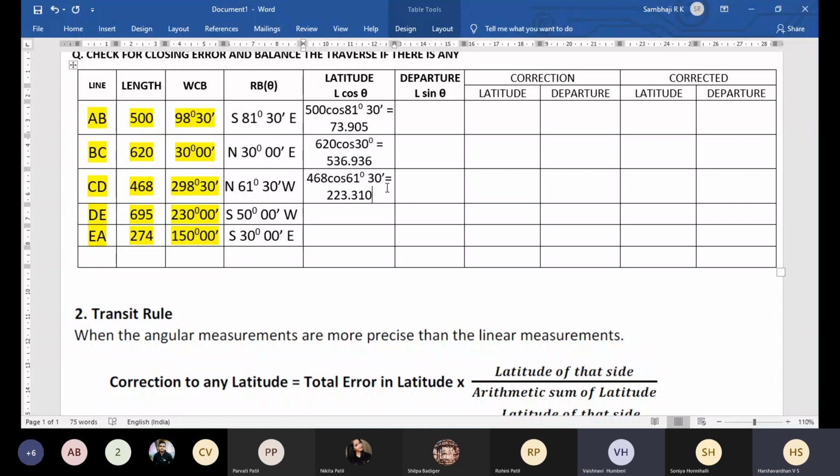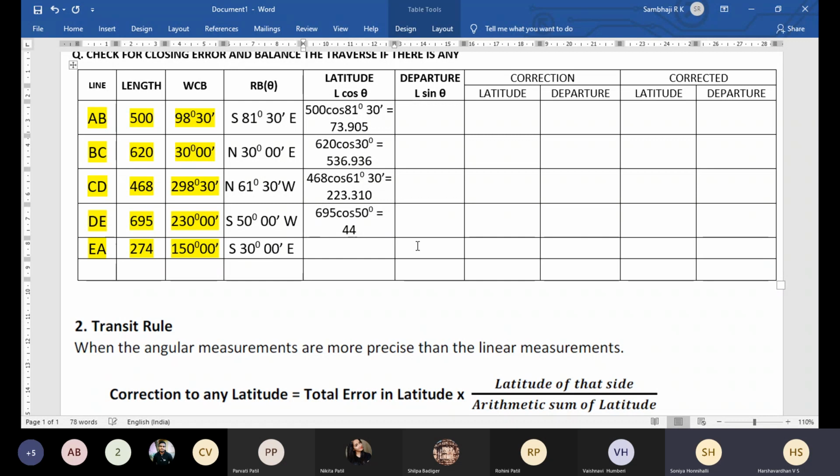Next line, 695 into cos of 50 degrees, which is 446.737.